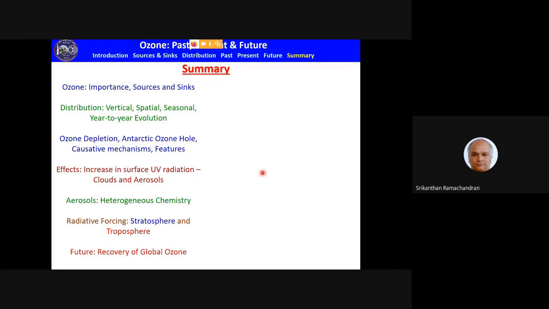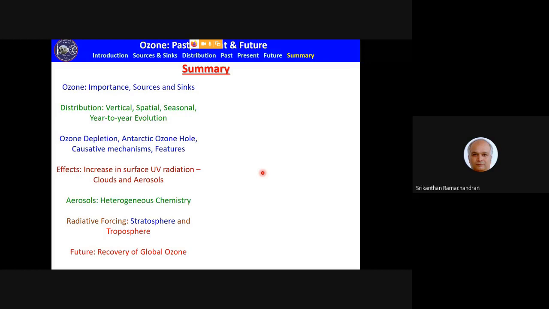We looked at the importance, sources and sinks. We saw the spatial, altitudinal, seasonal, year-to-year evolution and distribution. We also analyzed what is ozone depletion, the Antarctic ozone hole, what are the causative mechanisms, and what are the features associated with it.